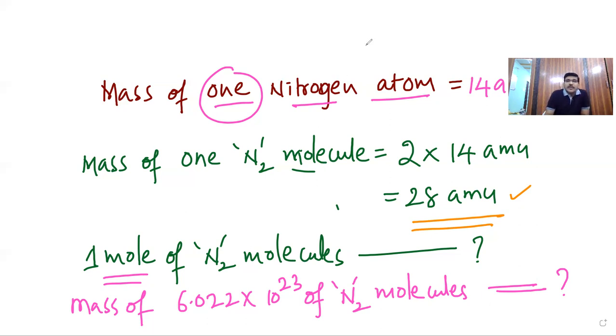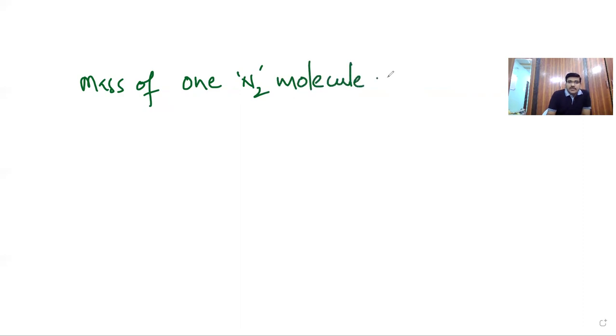Clear? Now I am writing the statement clearly. Mass of 1 N2 molecule is equal to 28 AMU.